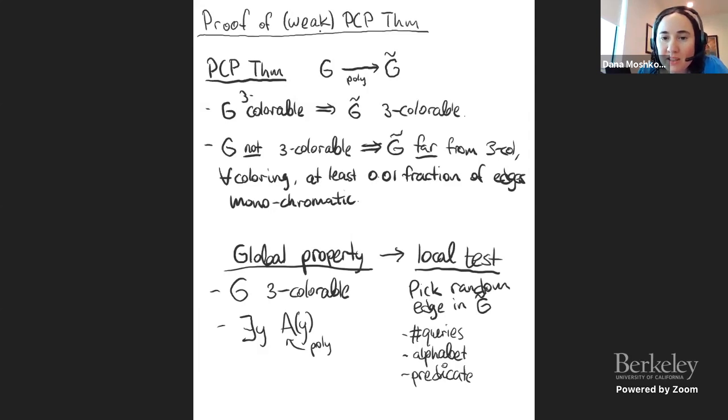What's the point with this 0.001, right? So obviously it's arbitrary, but you couldn't put here something much larger, right? When you talk about 3-coloring. So once you decide on what's your number of queries and what's your alphabet and what's your predicate, there is some number that you can put here that is the right number.